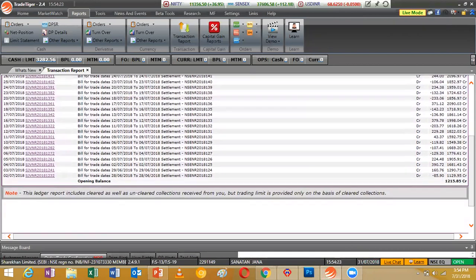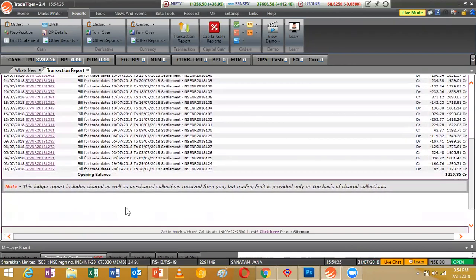On 2nd of this month there was a trade taken and the trade went negative, and this was the starting amount when we started in this account, that is 1,129 on the 2nd of July. Then you can see we started taking the intraday trades, and we started getting some profit, some negatives, then again profit.